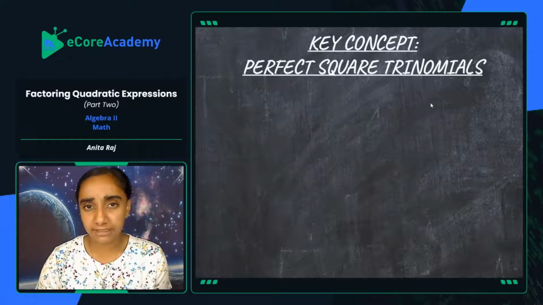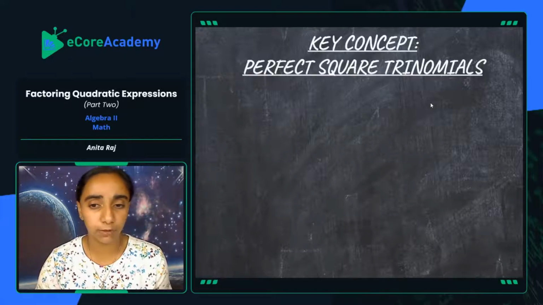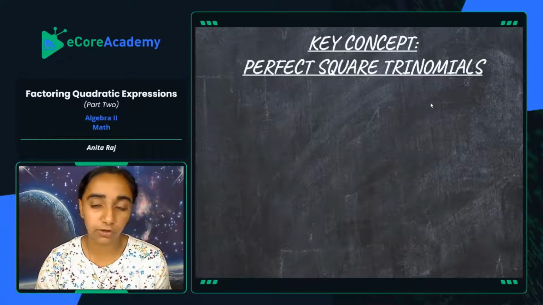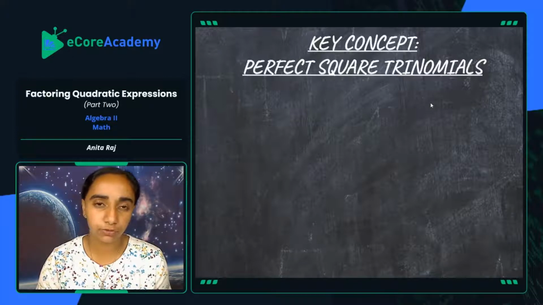So the first key concept, like I touched on before, is perfect square trinomial. Perfect square trinomials are a concept that will come up in factoring quite a bit. If you notice these concepts early on when you're solving problems, it's almost like seeing a pattern. When you see a pattern, it's easier for you to find the solution, as in what comes next in the pattern.